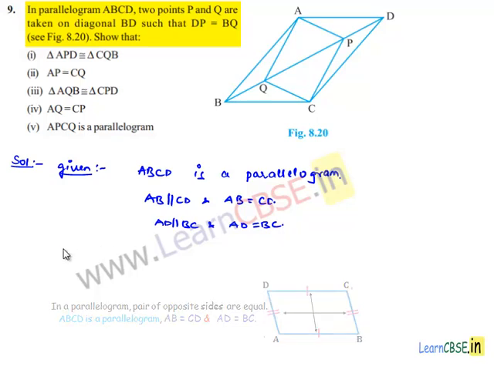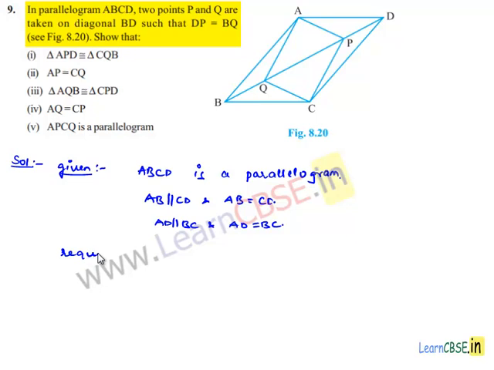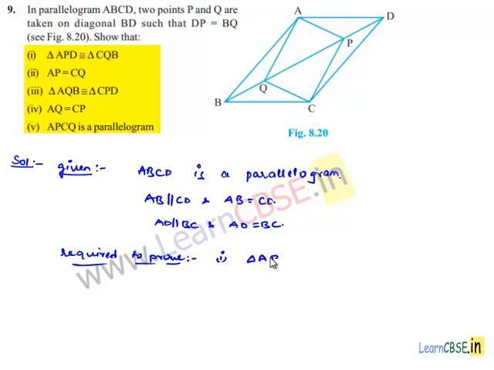Now he asked us to prove: first thing, triangle APD is congruent to triangle CQB. Second thing, AP is equal to CQ.